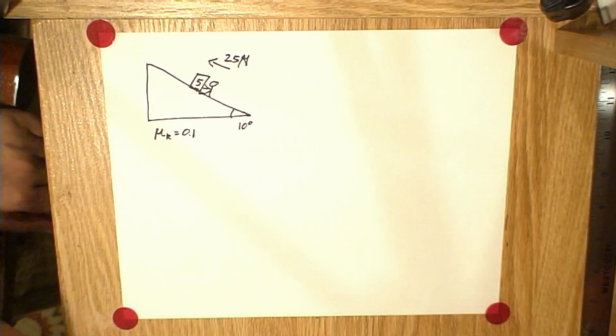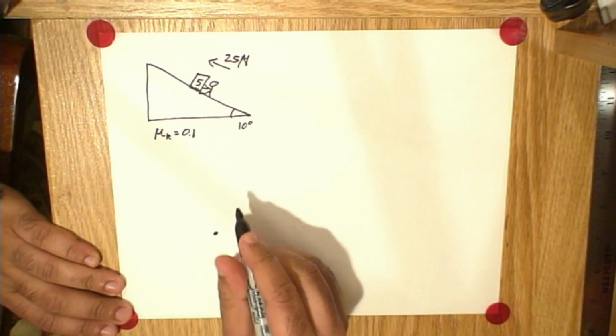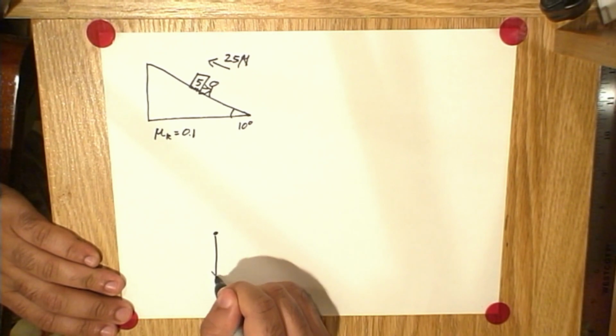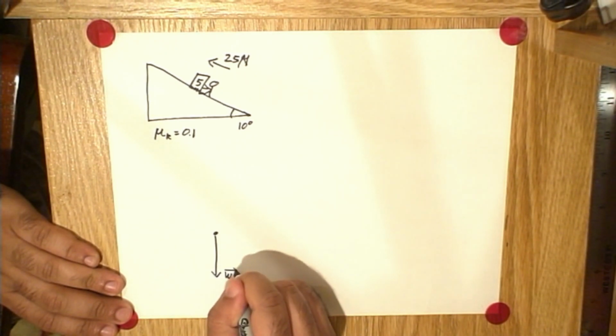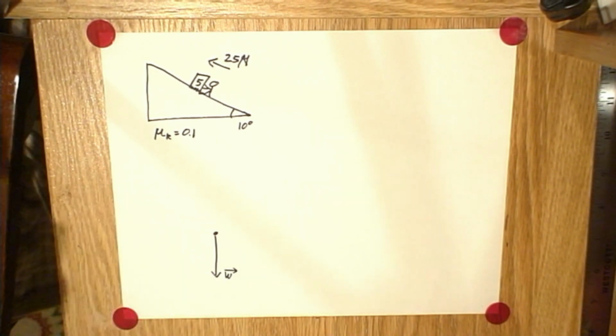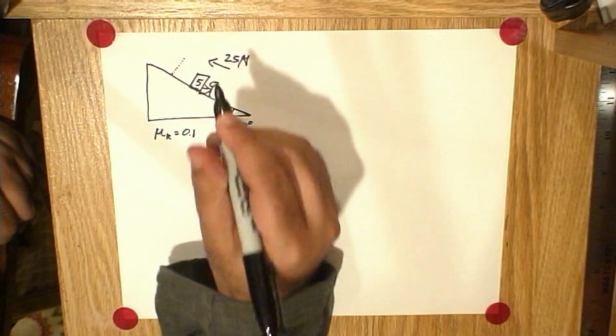Now, let us draw out what the free body diagram would look like in this situation. The weight force is, as usual, going to point down. The normal force is, as always, going to point at right angles to the surface, kind of like this.